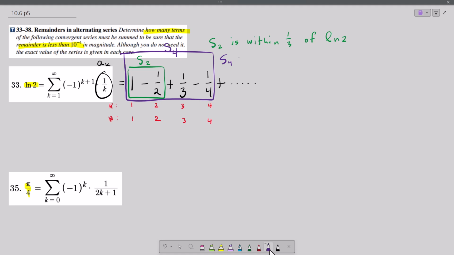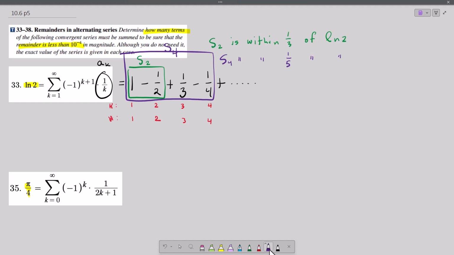S sub 4 is within how much of natural log of 2? 1/5 would be the next term, the first unused term, the first neglected term. So we'll be within 1/5 of natural log of 2. Okay, so that's kind of what we're thinking in our mind. We just have to look at the next term. That's going to be our error estimate, our remainder estimate.